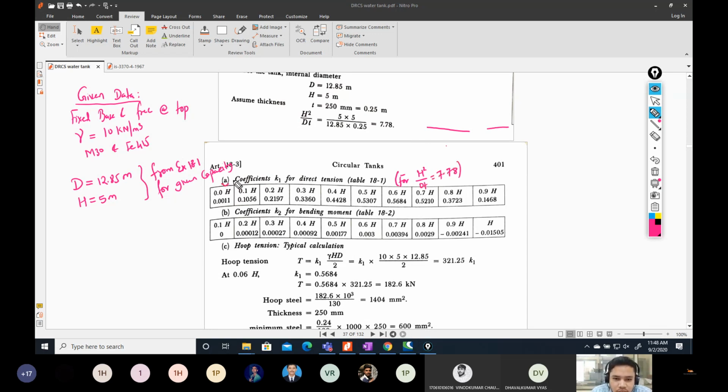You will get the value of the direct tension, and table 10 gives the coefficient for bending moments. So you can refer to table 9 of IS 3370 part 4, and for this you can refer to table 10 of IS 3370 part 4, 1967.